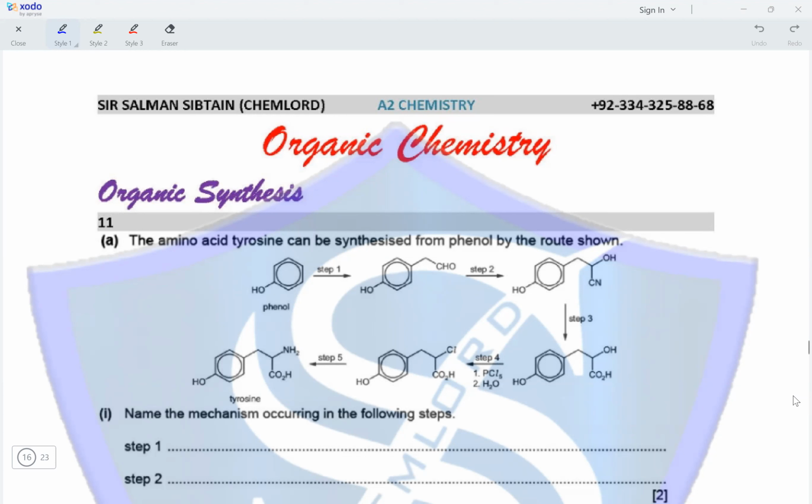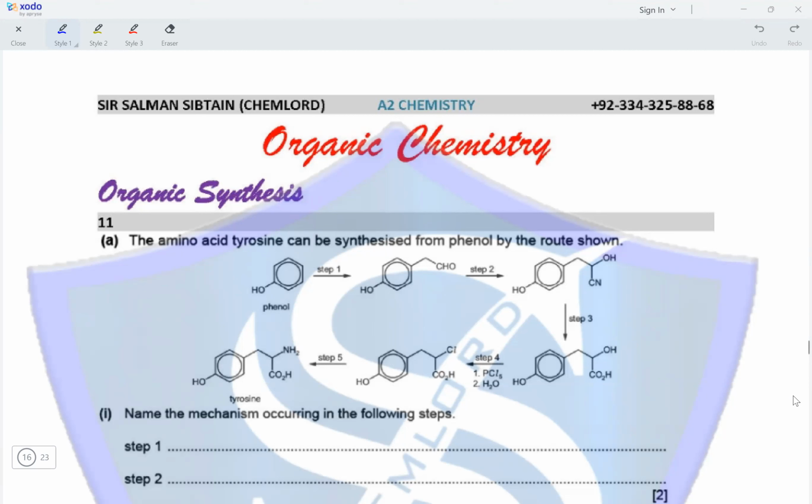Then we have PCl5 and water reacting. So, COOH is not converted into COCl. In fact, we have the alcohol being converted into chloroalkane. Next we've got the Cl being replaced by NH2. So this is the reaction with ammonia.